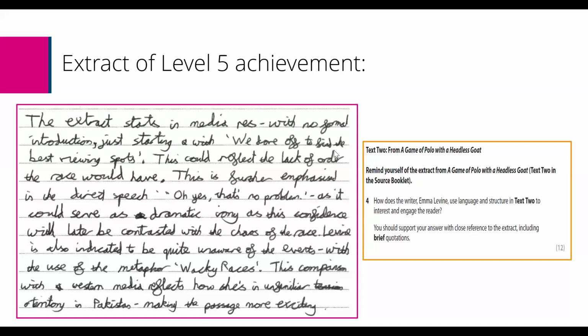As it happens, this one on the screen is a level 5 response. This is what it would look like, but again, this is just an extract. So I can't give you an answer to the how many. I can give you the structural techniques or some of them, and we can tell you about quality but not about quantity.